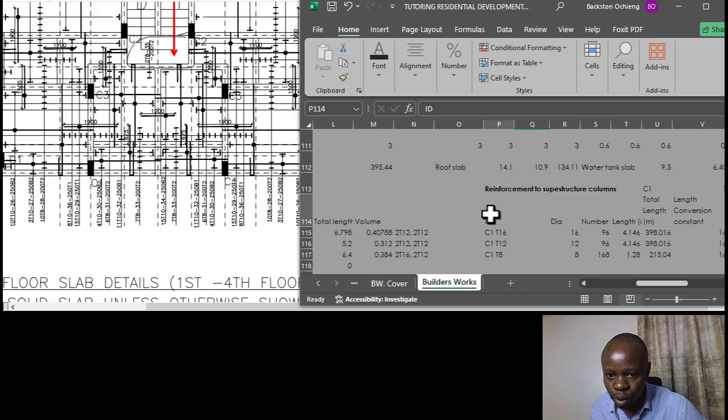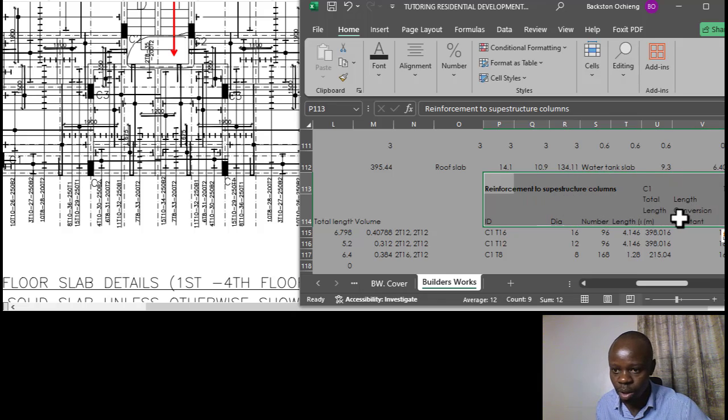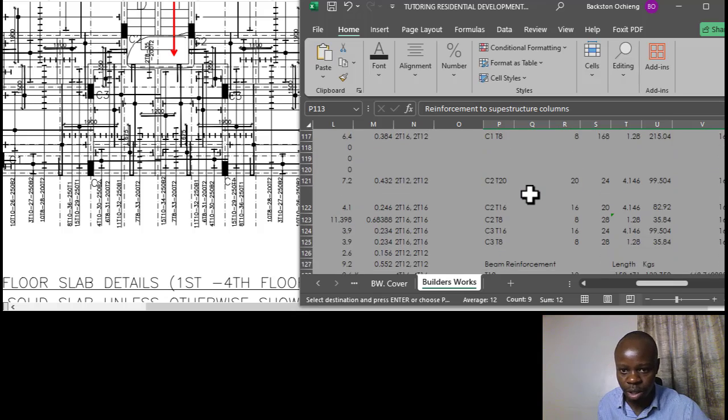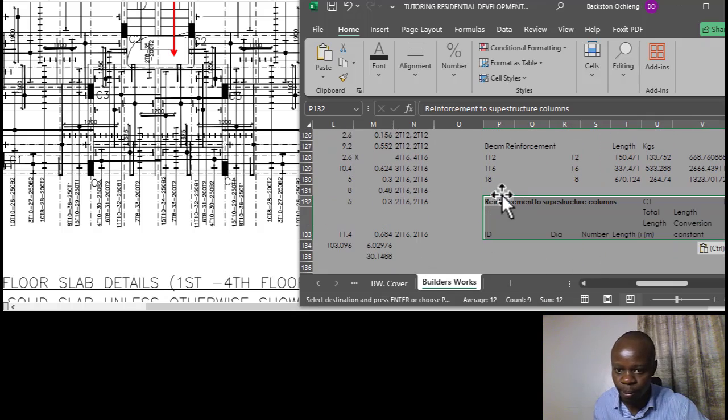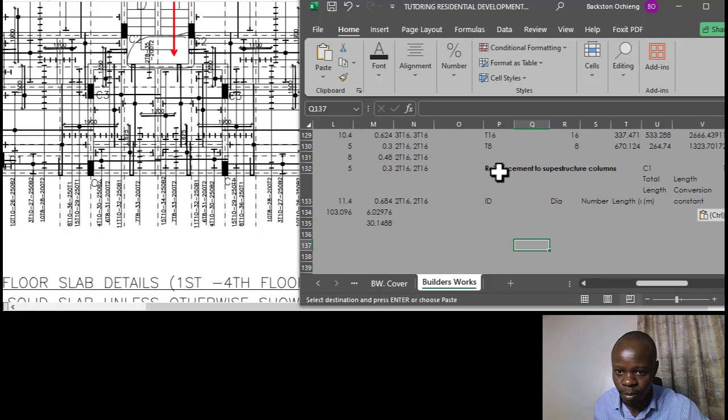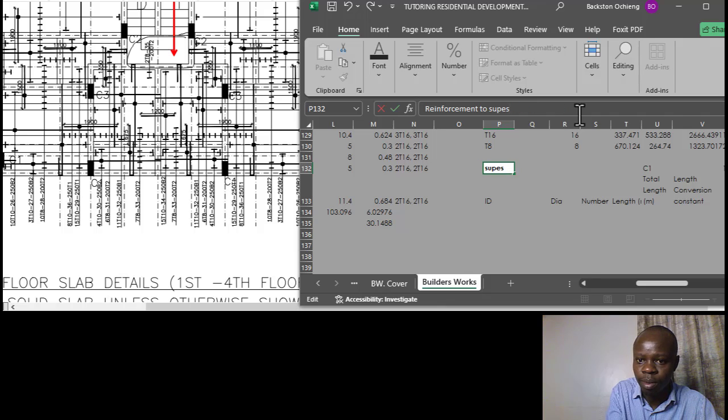Let me copy this so that we have the calculation easier. Let me paste it here. So this is now reinforcement to staircase.